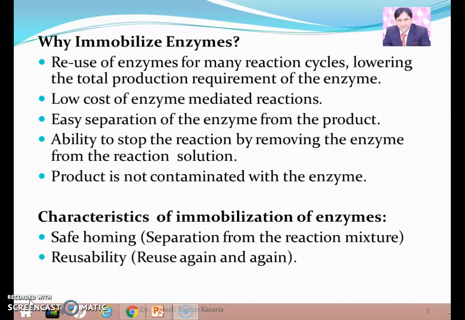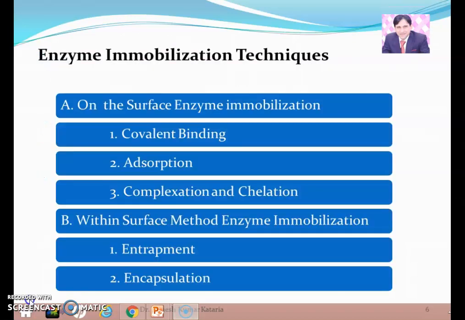The separated enzyme or immobilized enzyme has the capability to be reused. So we can use it again and again in several reactions without wasting the activity of the enzyme. So these are two major characteristics, self-homing and reusability.